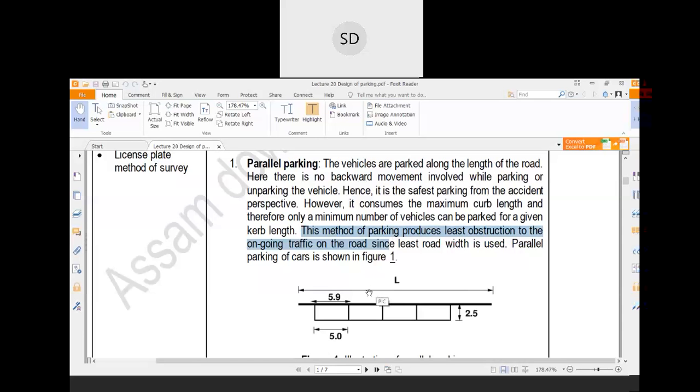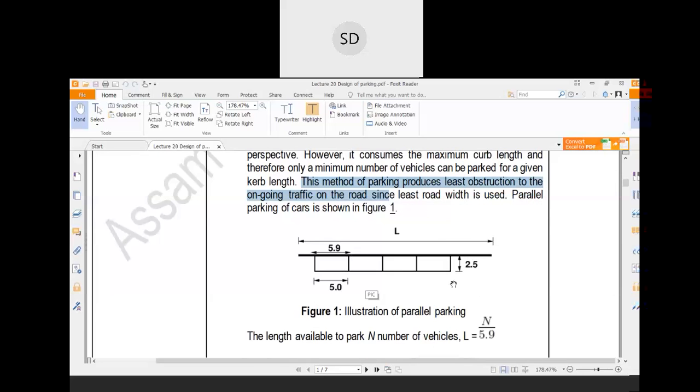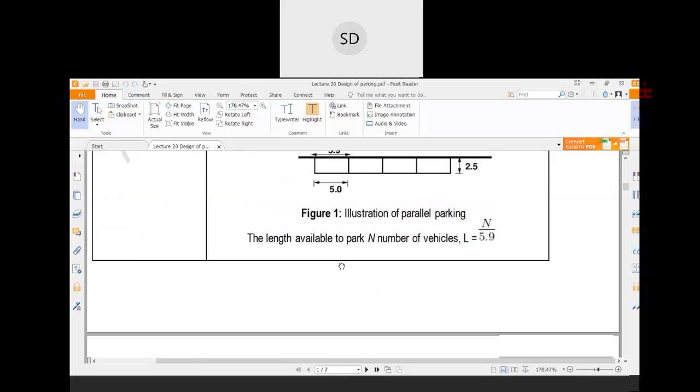Therefore, this type of parking is the safest one, but it consumes a lot of space in the area. So this is parallel parking. It is shown over there. The width required for parallel parking is about 2.5 meters, and the length will depend on the different vehicle sizes.